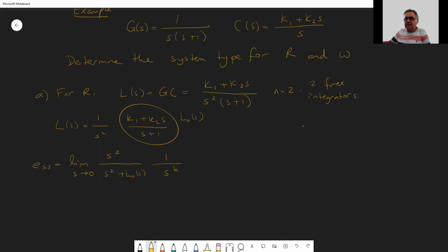Now, if K is equal to 2, this cancels the S squared, and you will have a finite steady state error. For K equals 2, the steady state error would be the limit as S goes to 0 of 1 over S squared plus L0, which is K1 plus K2S over S plus 1, which will be 1 over K1.